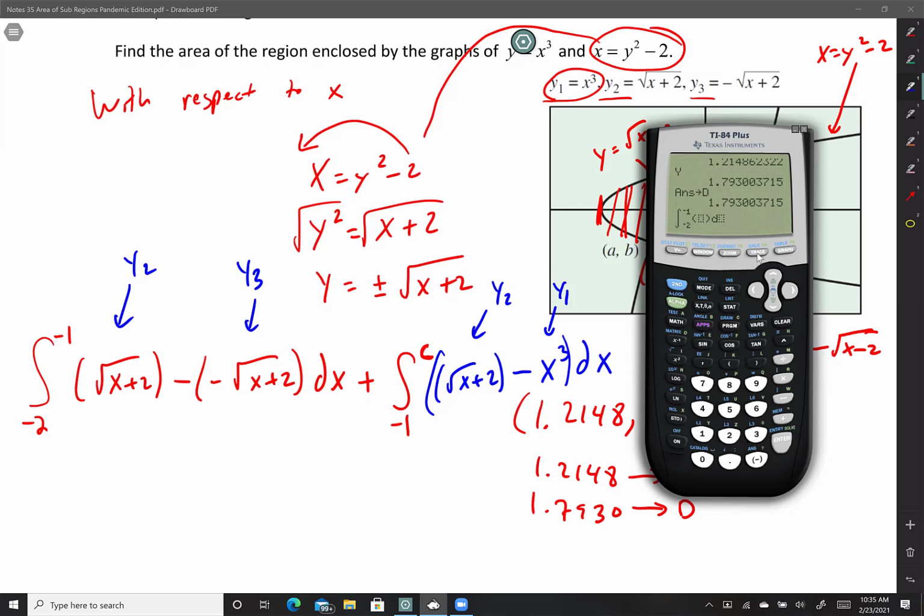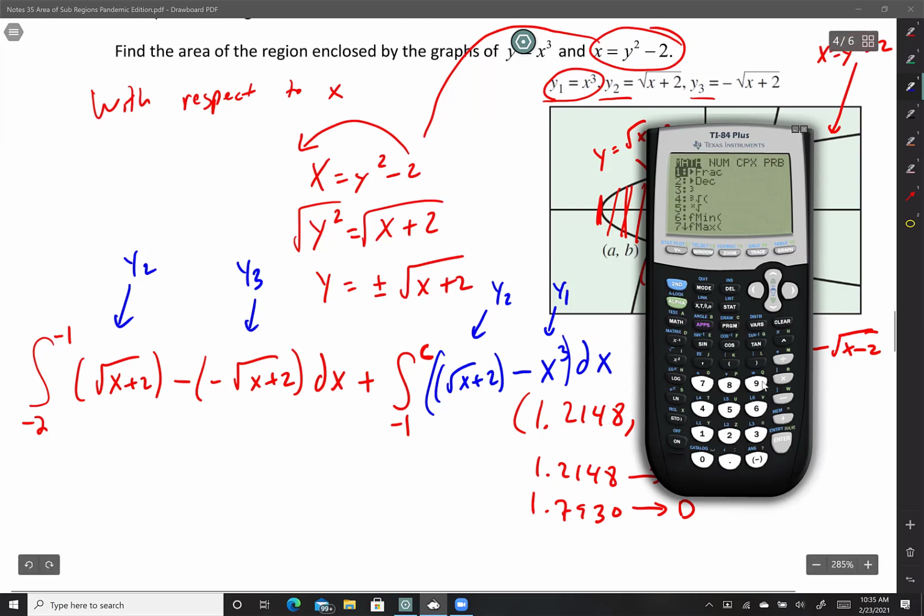Alpha, trace, and I'm going to call it y2, so that's where I have it, minus alpha trace y3. And then I'm going to move the cursor, put an X there, push plus, and here we go.